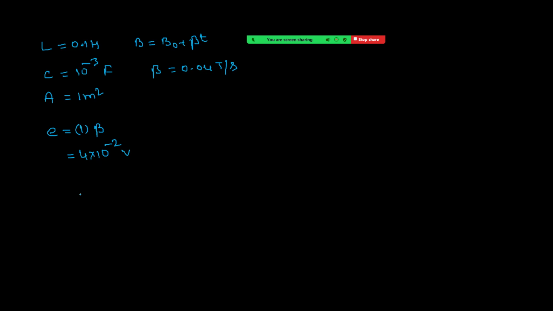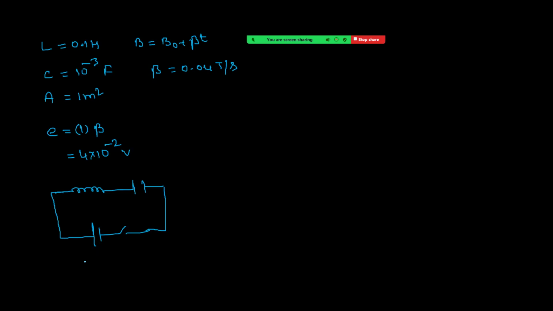Now focus on how the circuit is. One inductor, next capacitor. This is connected to one battery. Now the question is like this. Initially the capacitor is uncharged, no current in the circuit. Now the switch is closed.